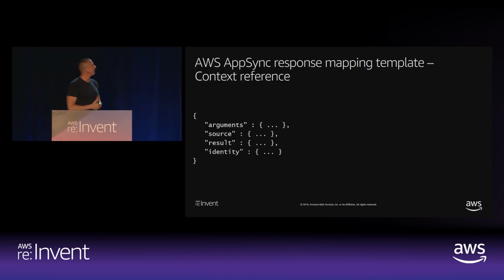And also another thing that people ask is, how do you access things like the user's identity? What kind of information do you have available in these mapping templates? And what can you do with that data? Well, this is a list of all of the things that are available. In the mapping template, you have this variable called context. The context contains all of these properties here.